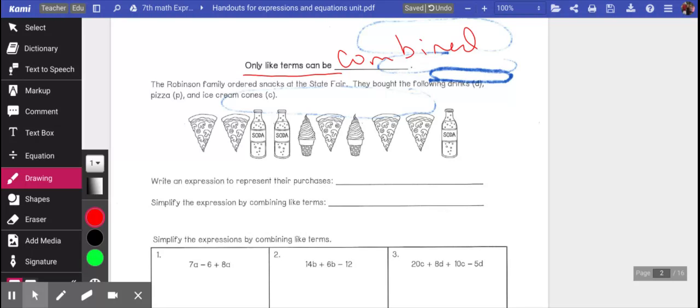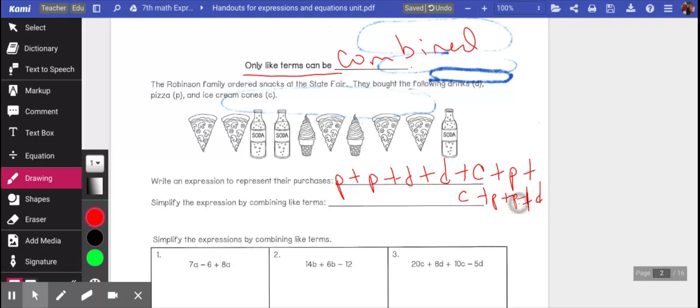So if you notice, we have a P plus a P, or you can write 2P, plus a D and a D, plus a cone and another pizza, plus a cone, plus a pizza, plus a pizza, plus a drink.